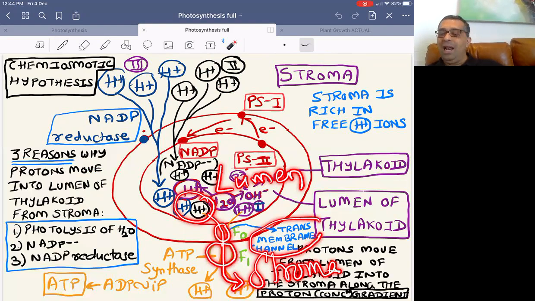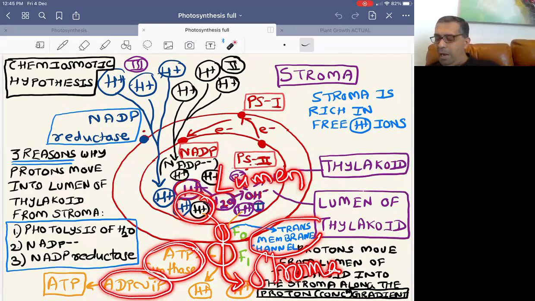The F1 particle has in it ATP synthase, and ATP synthase will trap the energy due to movement of protons. The kinetic energy of movement of protons is trapped by ATP synthase and combined with ADP and IP to form a molecule of ATP. So again, what is this phenomenon?